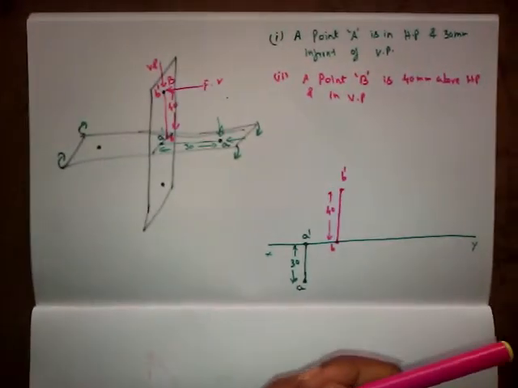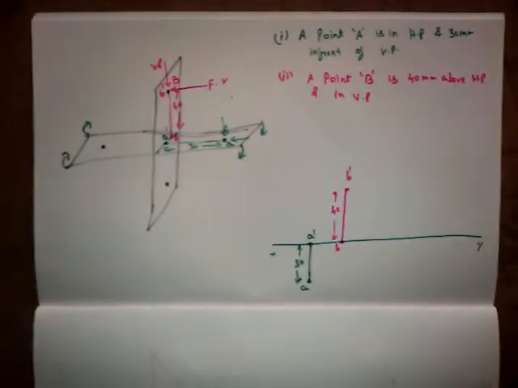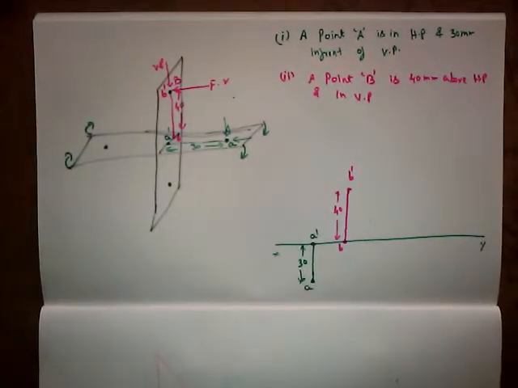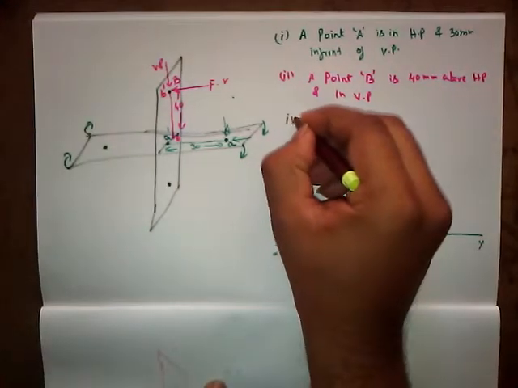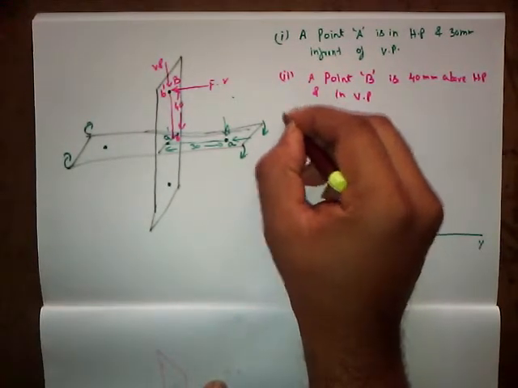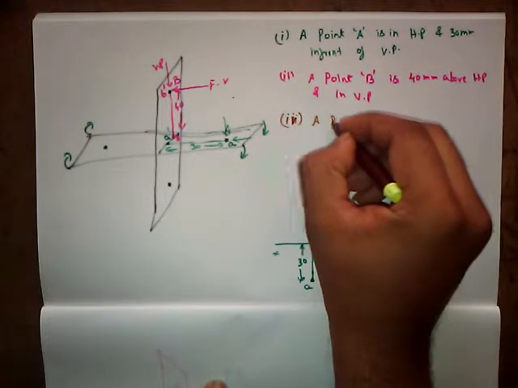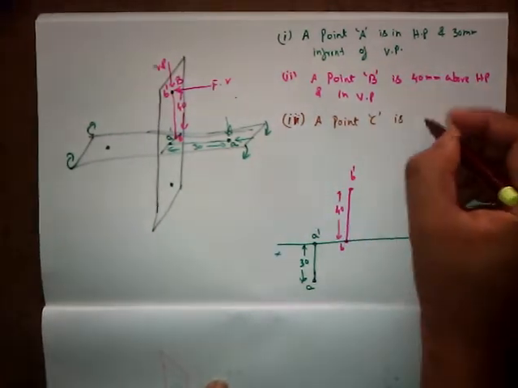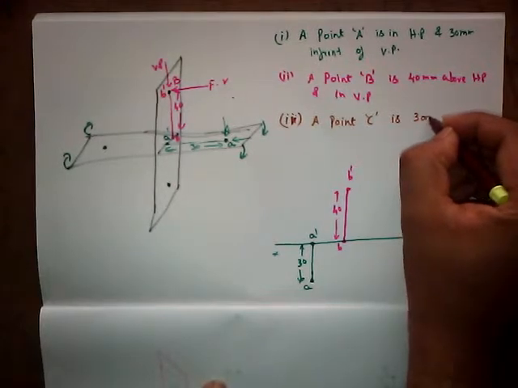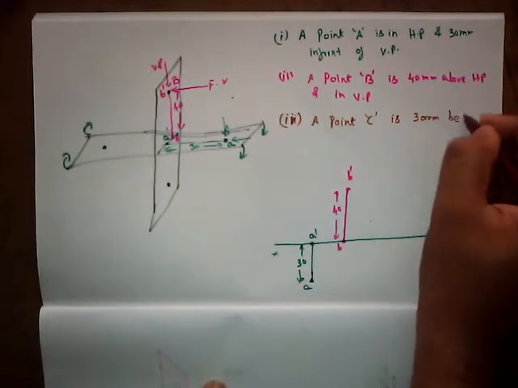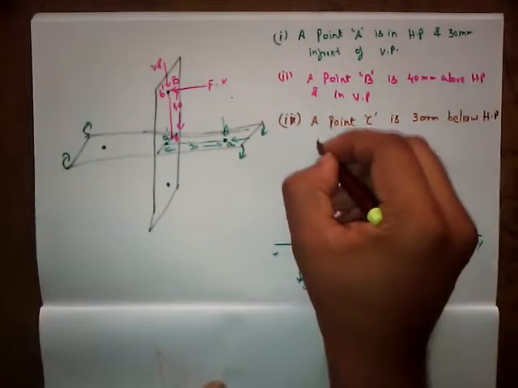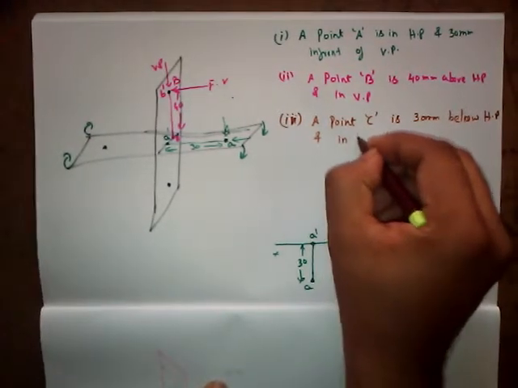Right guys, so the next part, let us take one more question. A point capital C is 30 mm below HP and in VP.